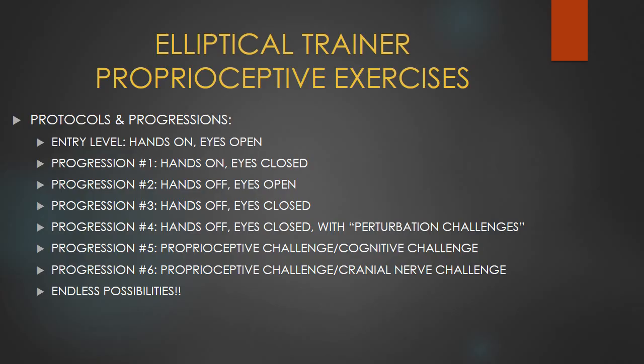Now, for the establishment of neuromuscular control, I want to give you some ideas on some protocols and progressions. And I encourage you to try these yourself. You're going to find a fascinating phenomenon when you try these exercises yourself. And I submit to you that if you can progress through these protocols and master each of these protocols, it will give you tremendous benefit in terms of your joint stability, in terms of your balance, in terms of your coordination and the timing and the sequence of your movements.